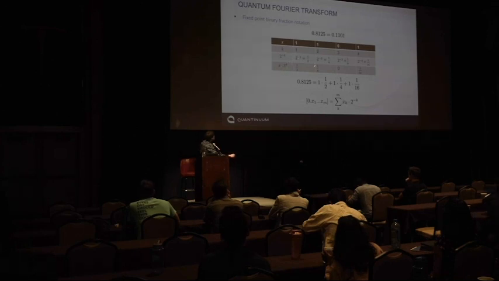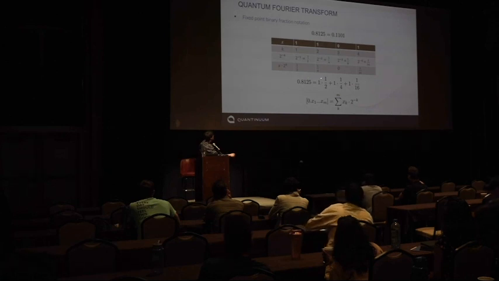And the second qubit, if it's 1, it will be 2 to the power of minus 2. So you can see this is adding a quarter to the decimal. If the third qubit is 0, it has the power to add an eighth, because it's 2 to the power of minus 3. But because it's 0, we don't add it to the decimal.